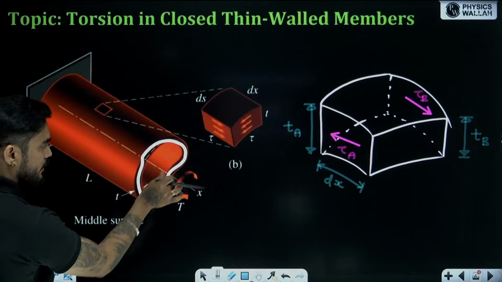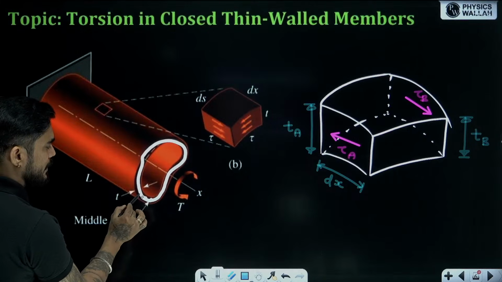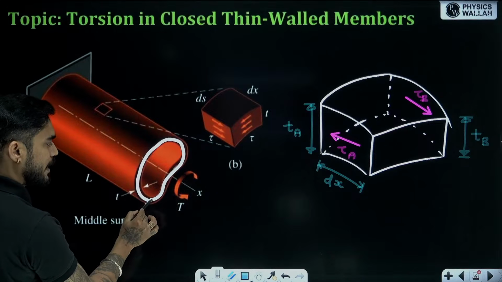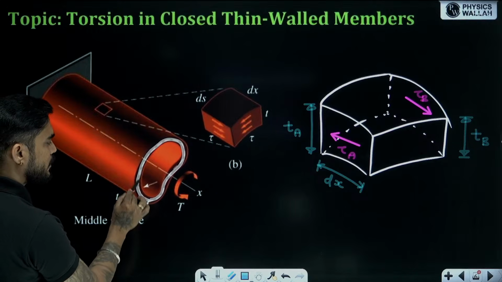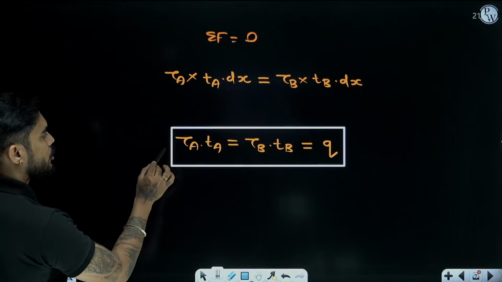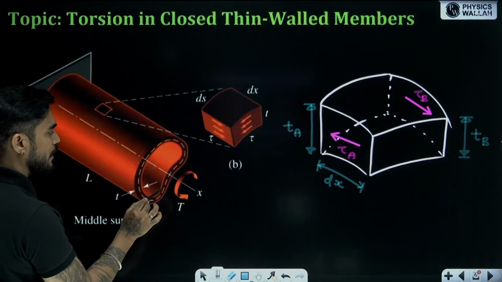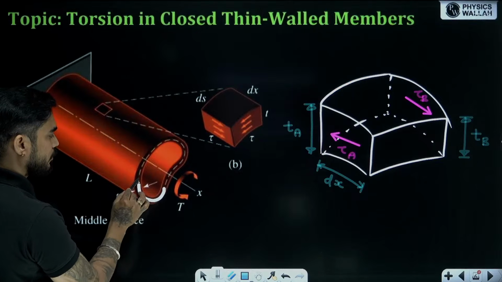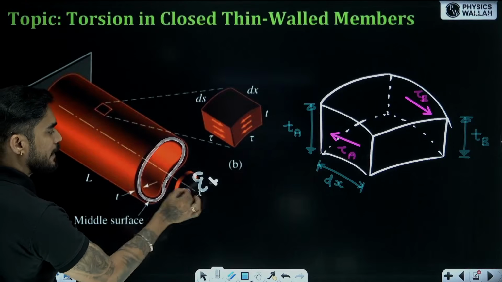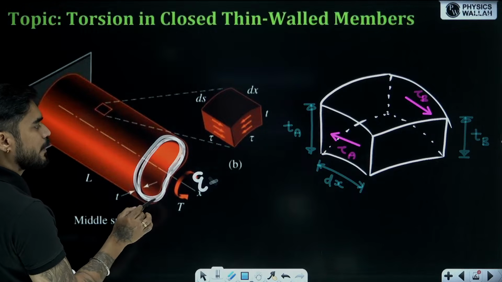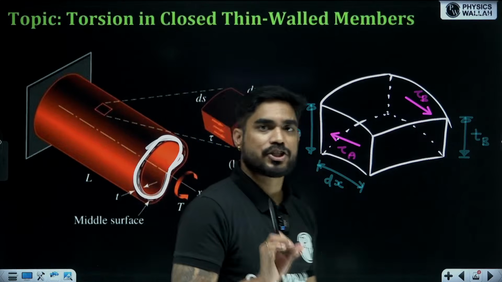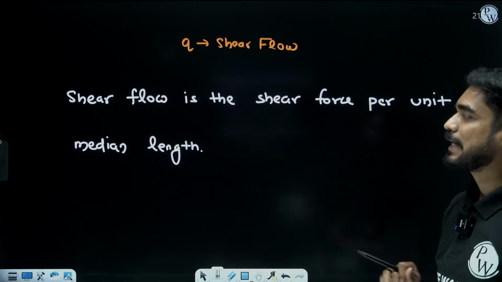If this is the cross section, then this line is passing through the center of that cross section. So the shear force per unit length of this line is known as shear flow. If you multiply Q by this entire length, you are going to get the complete shear force. So it is shear force per unit length.